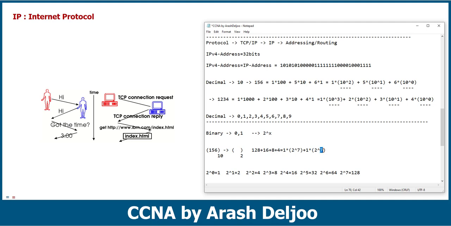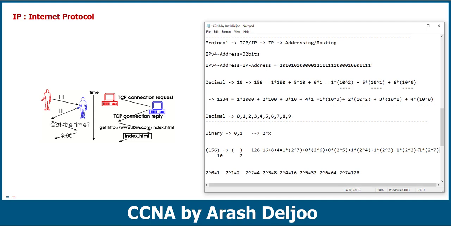As you saw, I didn't use 32, so that is 0 times 2 to the power of 5, but I used 2 to the power of 4, so we need 1 multiplied by 2 to the power of 4. I also used 2 to the power of 3, so we need 1 multiplied by 2 to the power of 3, and I used 2 to the power of 2, so we need 1 multiplied by 2 to the power of 2. I didn't use 2 to the power of 1, so let me use 0 times 2 to the power of 1.